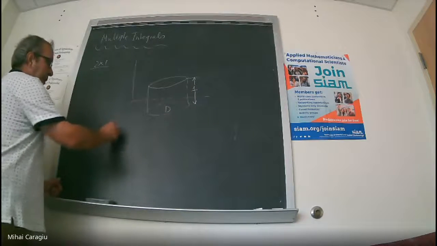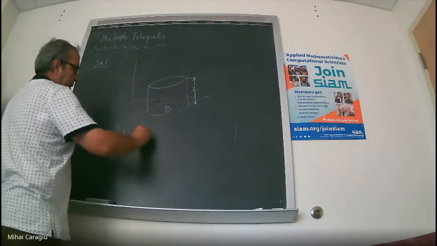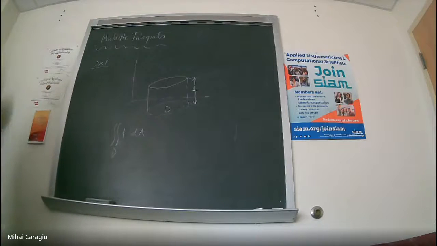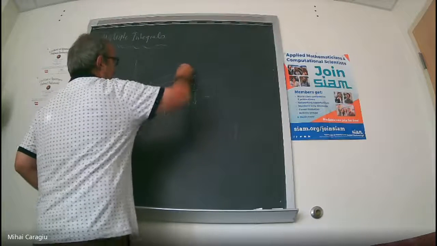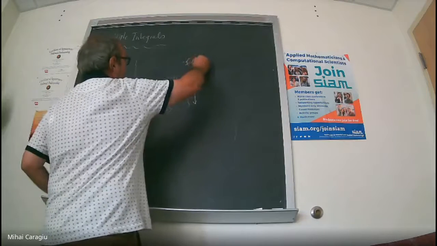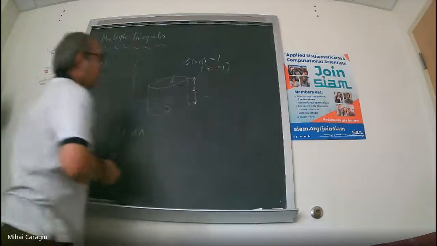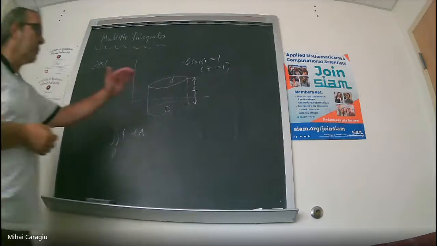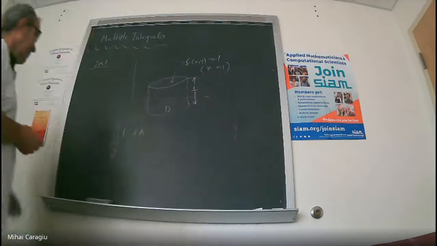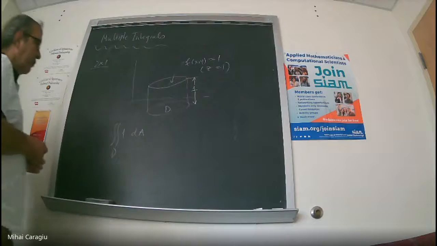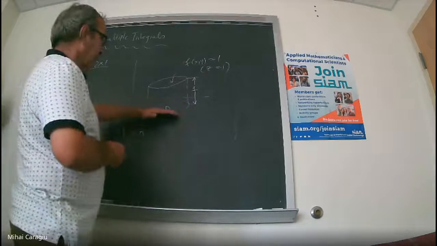So what will be the double integral over D of 1 dA? Right? Because f of x and y in this case equals 1, or z equals 1 is the surface above D. So z equals 1, but the fine print is z equals 1 above D. So in that case, the double integral over D of 1 dA is the volume of the solid between the lower basis and upper basis.